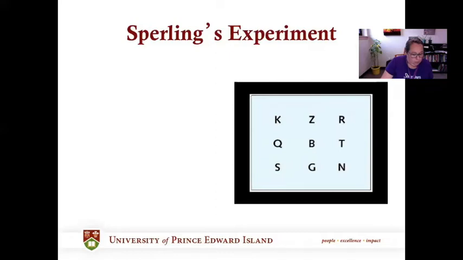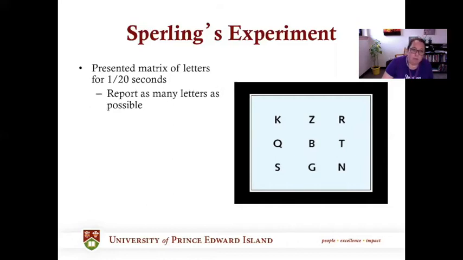Why? One possibility is that people can only register just so much visual input in a single glance, or that 12 letters is too much to see in so little time. A second is that the image faded before the subject could report everything they saw.